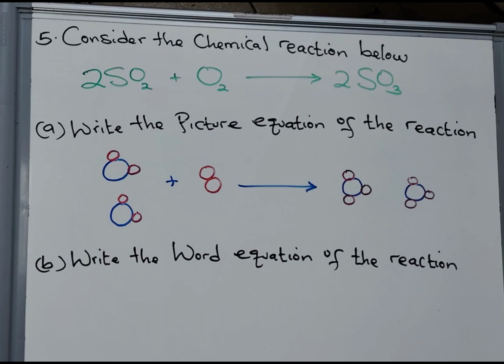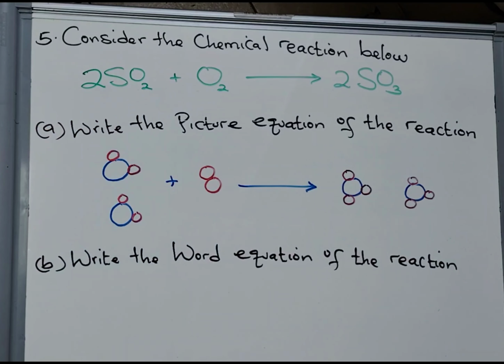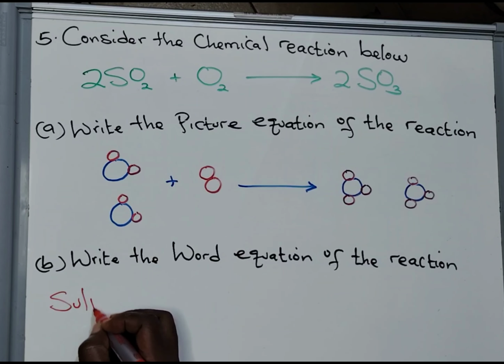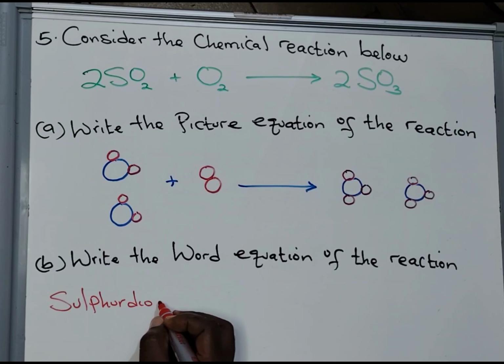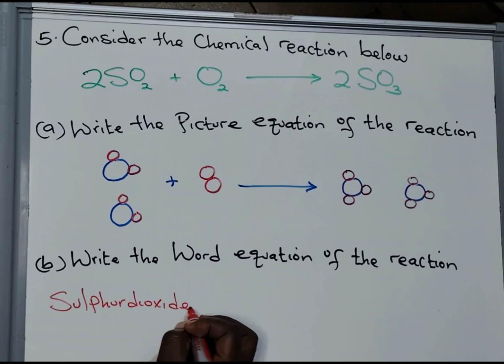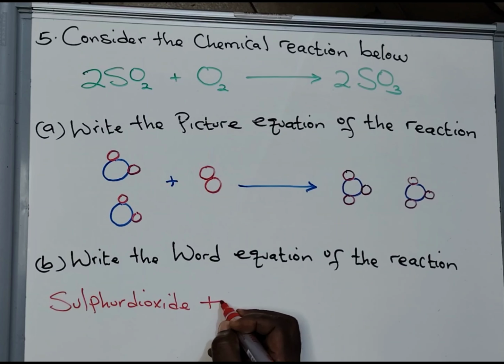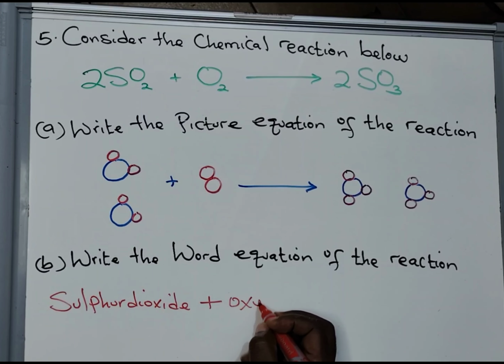And what's the name of that compound? The name is sulfur dioxide. Di comes from 2. So we are having sulfur dioxide. Yeah, we don't have to put the coefficient on words. Then plus what? Plus oxygen. So that's it.